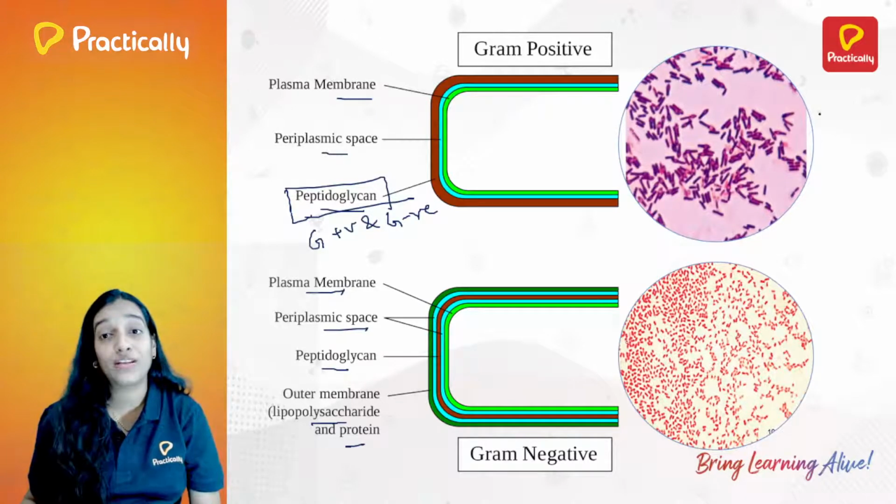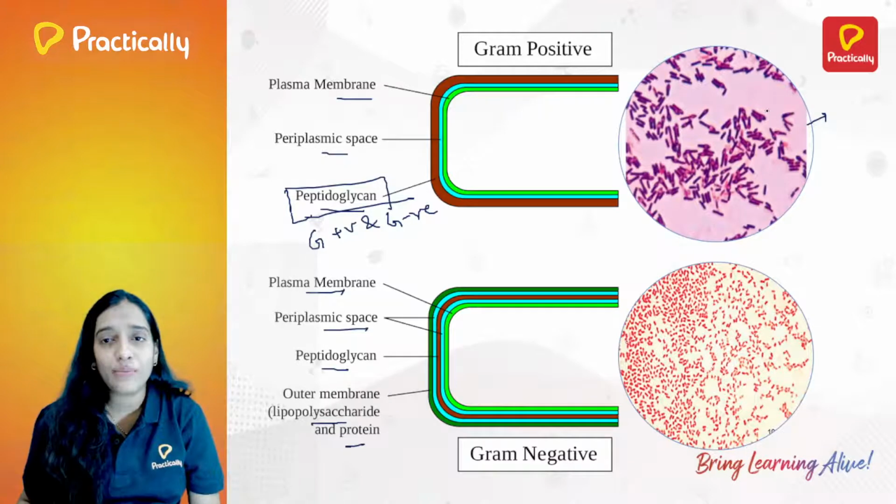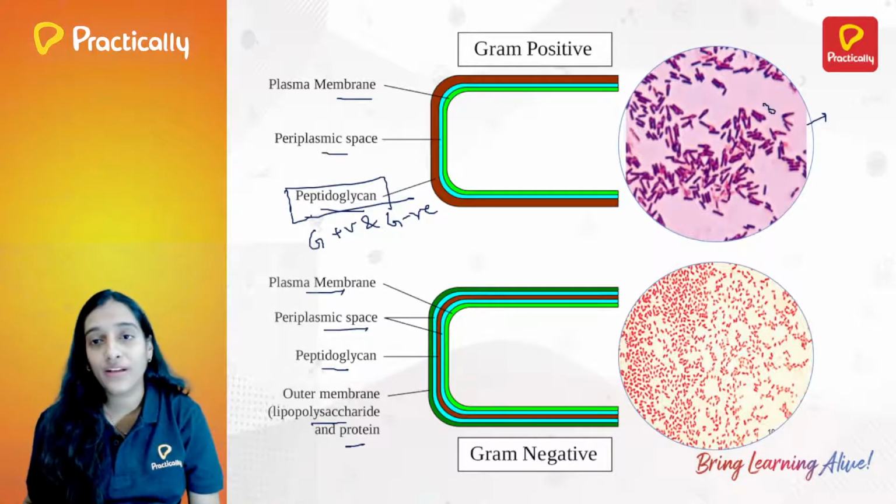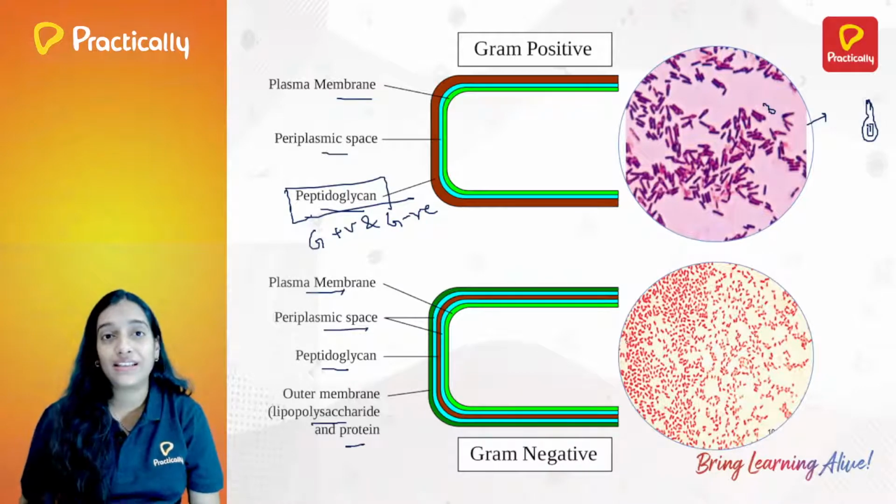And this is what they can look like: purple color. You can see there is some bulging in the bacteria. That is nothing but spores.